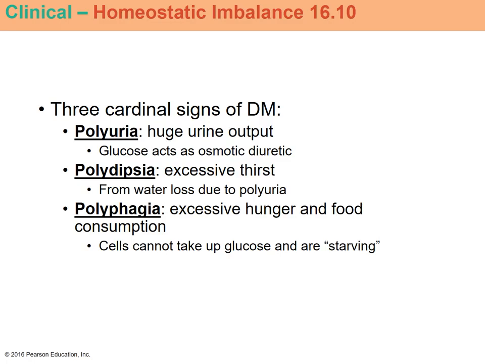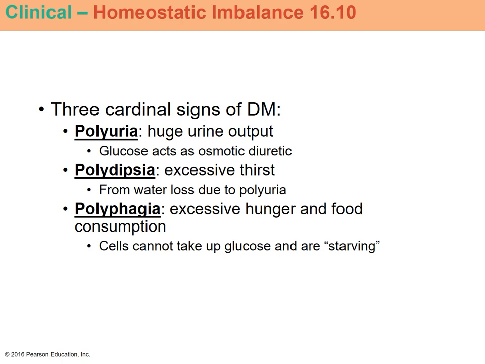If you're releasing a lot of water in the urine, then one of the body's responses to keep you from getting dehydrated is to trigger the thirst response. In other words, you're going to feel thirsty. That's the response to becoming dehydrated. Well, you've been essentially peeing a lot, you're losing a lot of water. And so the other thing that you have is polydipsia, which is excessive thirst. Your body's wanting to maintain that certain level of water, and it's having a tough time doing it.